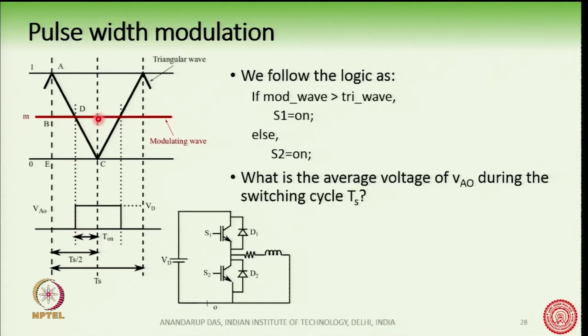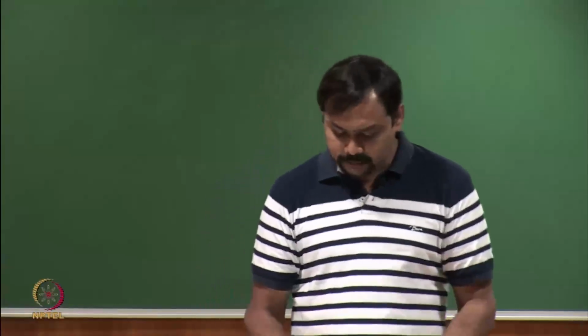So, if the modulating waveform is lower, for example, if the modulating waveform is somewhere here, then I will get a very narrow pulse. So, if the modulating waveform is somewhere here, then I will get a very narrow voltage waveform here or a narrow pulse, and VAO, you can understand, the average VAO will be low in magnitude.